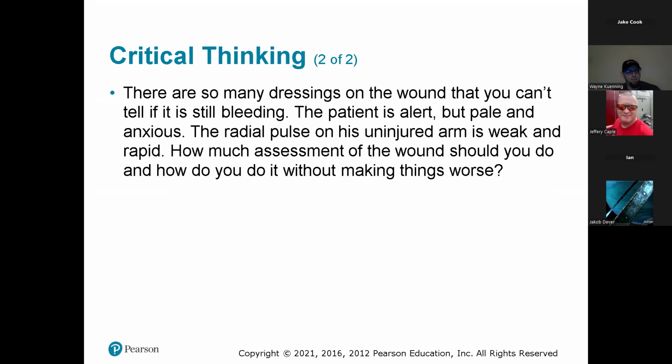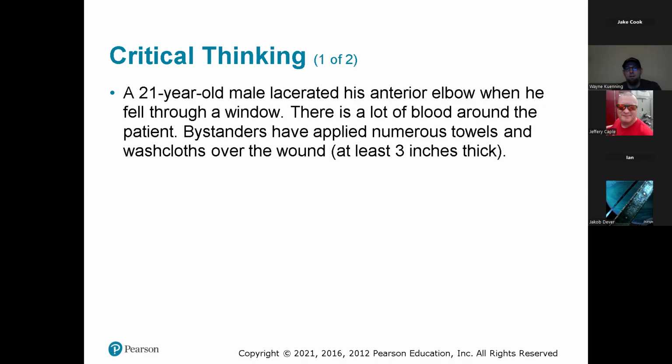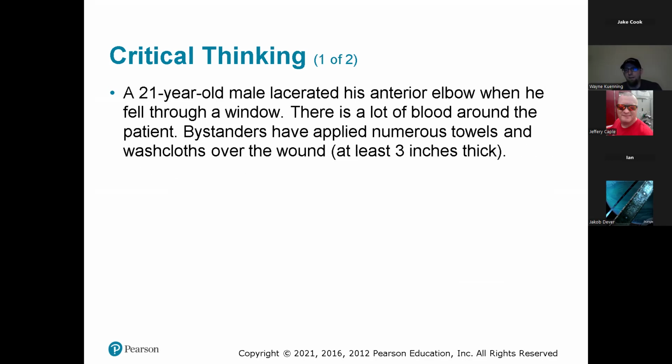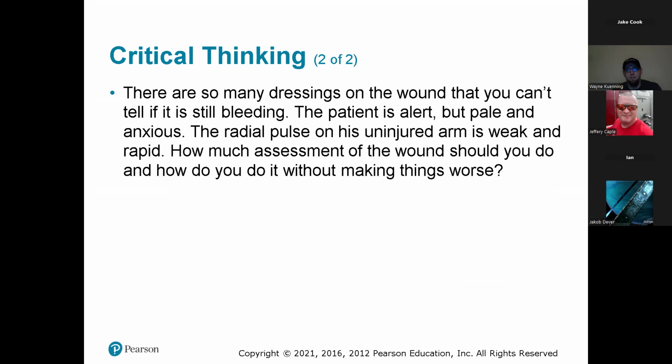It doesn't take but a couple of seconds to look at something. We're like, yep, that's bad, tourniquet. Or nope, that's just a regular pressure dressing, and we just couldn't apply pressure through the 3 inches of towels. If there's a large quantity of blood around him, I would lean towards an arterial bleed and apply a tourniquet and transport him to the hospital.